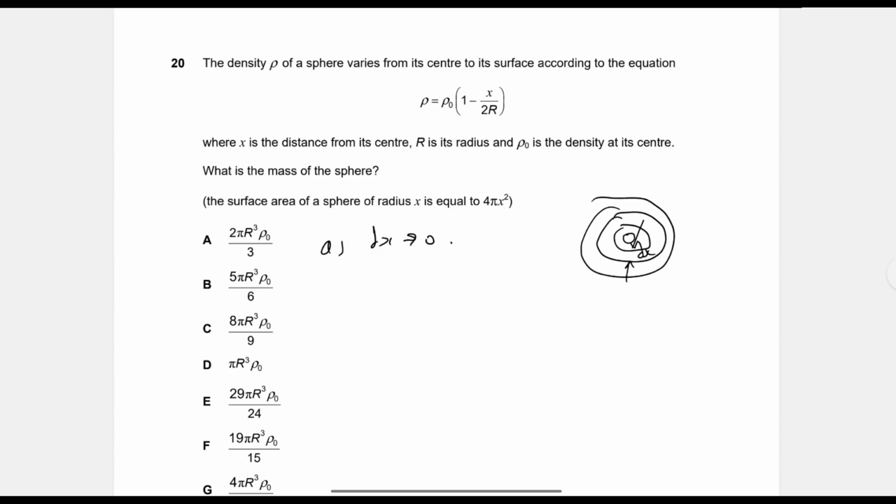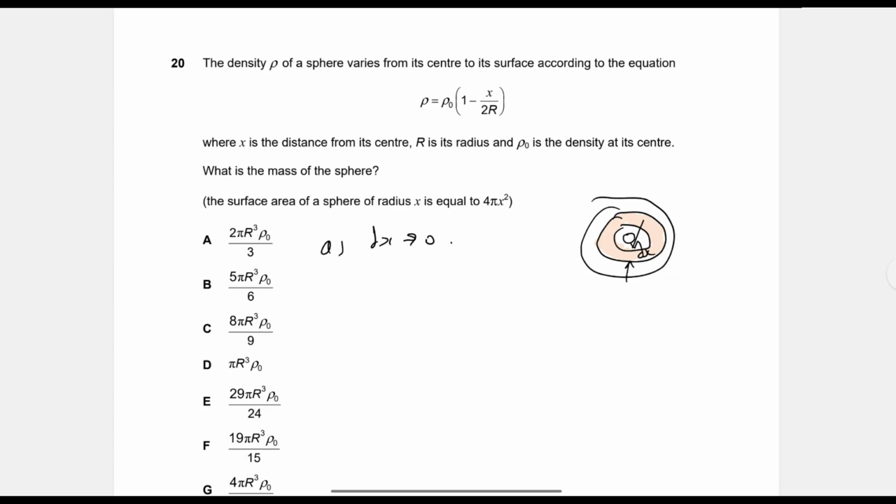The density throughout one of these shells is going to become more constant, so it's not going to vary as much. So we're going to make dx get closer and closer to 0, so the density throughout them is constant.